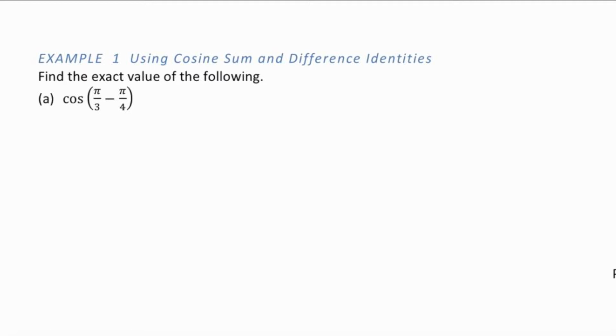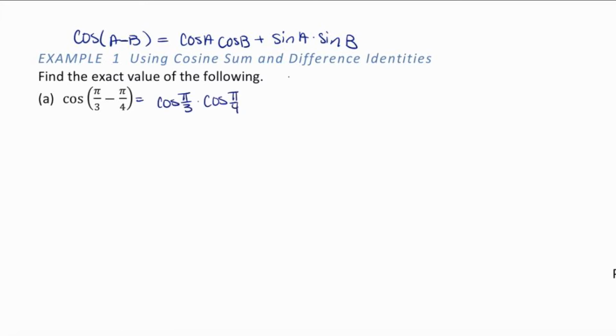So if you recall our cosine difference identity, cosine of A minus B is equal to cosine of A times cosine of B plus sine of A times sine of B. So using that, we have cosine of pi over 3 times cosine of pi over 4 plus sine of pi over 3 times sine of pi over 4.